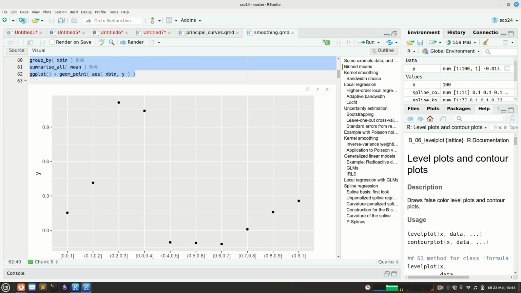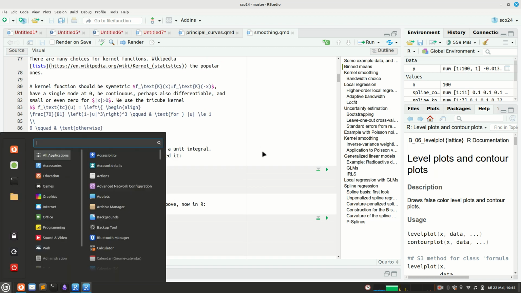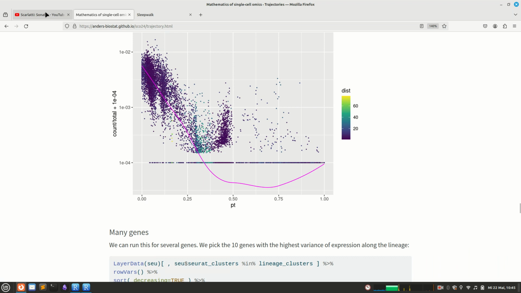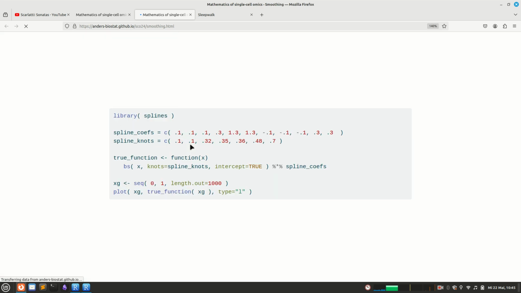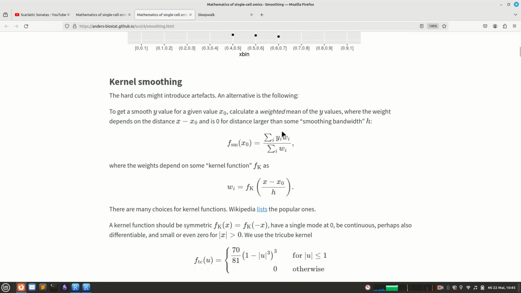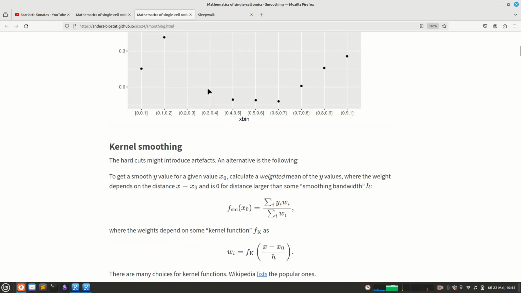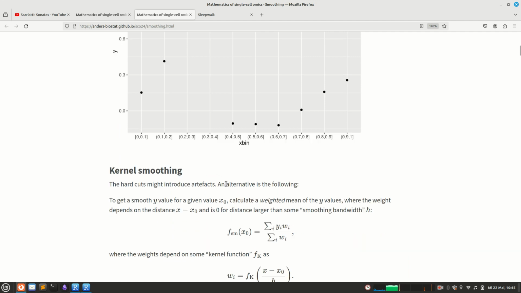The next simple thing is kernel smoothing, which is probably also something you have all heard before. For kernel smoothing, for each x value, I take a continuous gradient of x values, so I want to be able to get a value not only for discrete points like here, but for any arbitrary x value, even something between the data points.